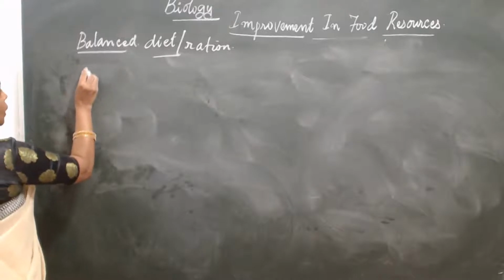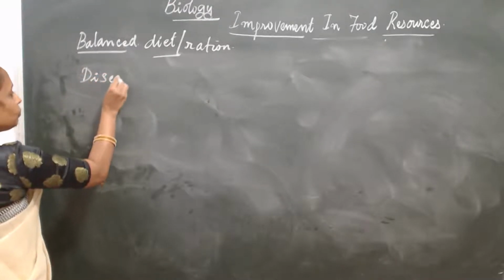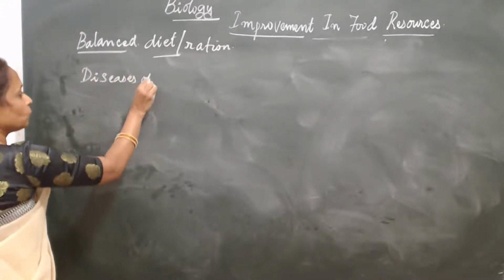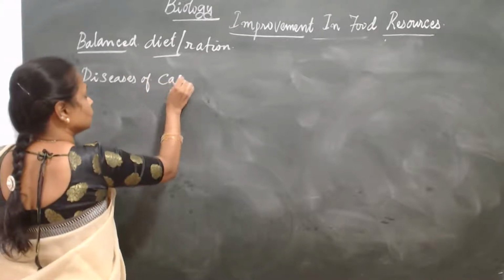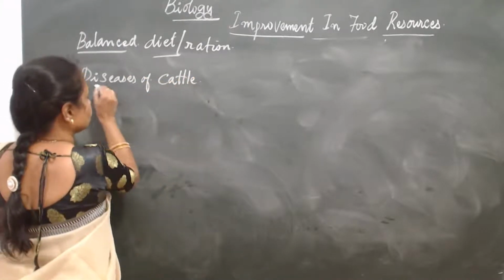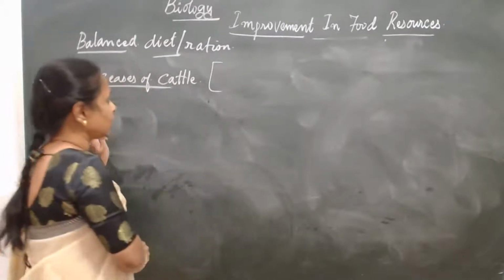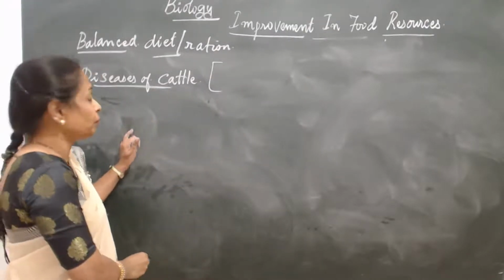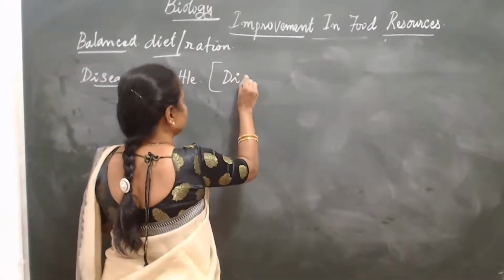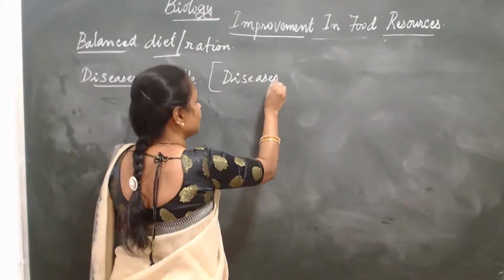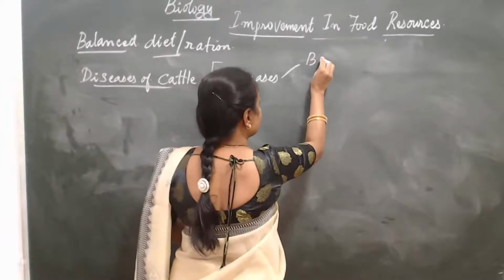Now, various diseases of cattle. So, what are the various diseases of the cattle? Before we go for the diseases of the cattle, you have to remember diseases can be because of bacteria.